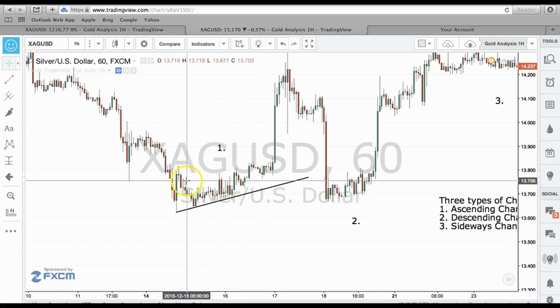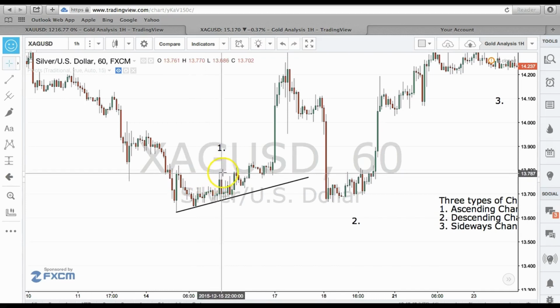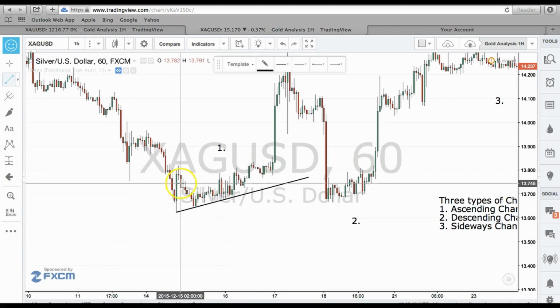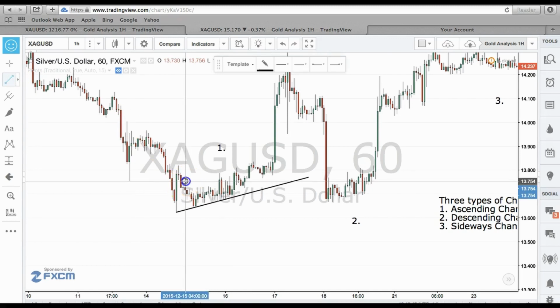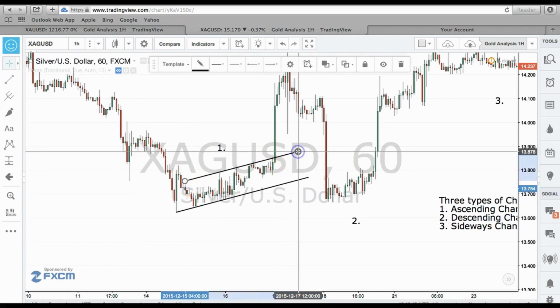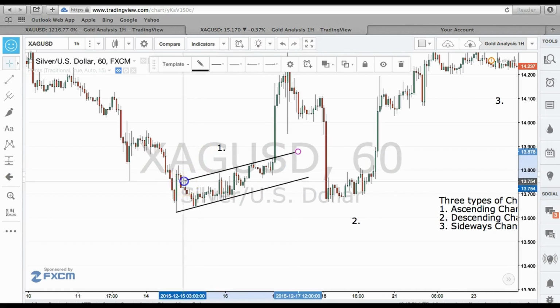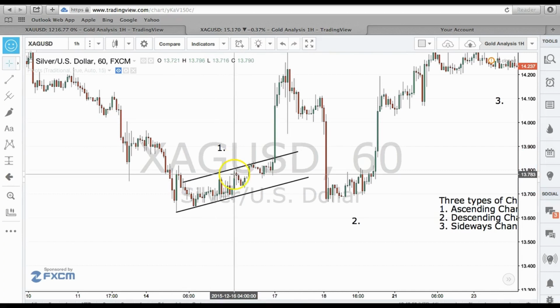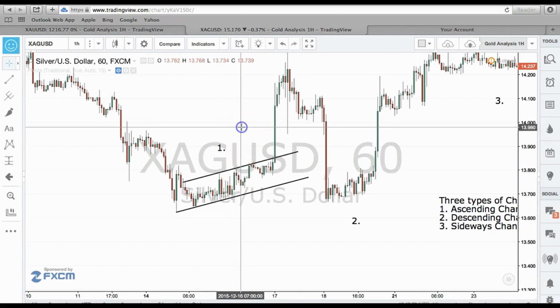So right here, I would have started another one. That would have been our 2nd point, so that would have actually created the trend line. And then you'll notice that this 3rd point right here would have confirmed our trend line.